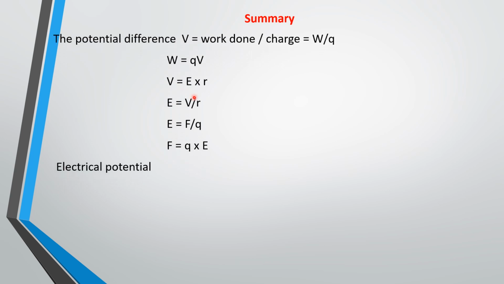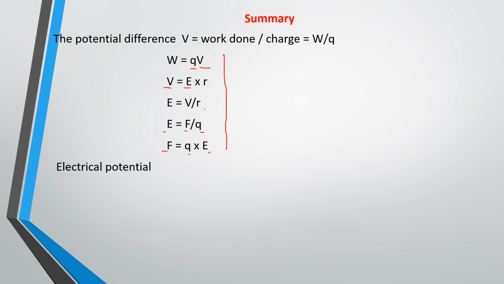Potential difference equals work done over charge, and we said that work done is equal to Q times V. Then the relationship between potential difference and electric field intensity: V is equal to electric field intensity times R, or E is equal to V over R. Then electric field intensity equals force over charge, and force equals charge times electric field intensity. So these are the equations that we have enumerated so far.